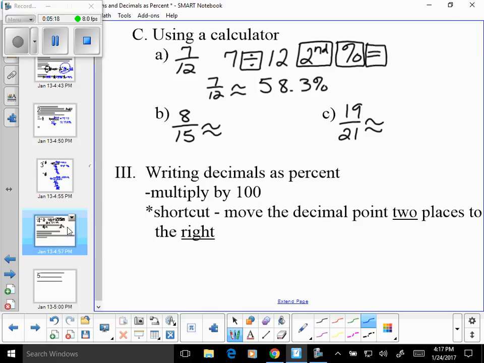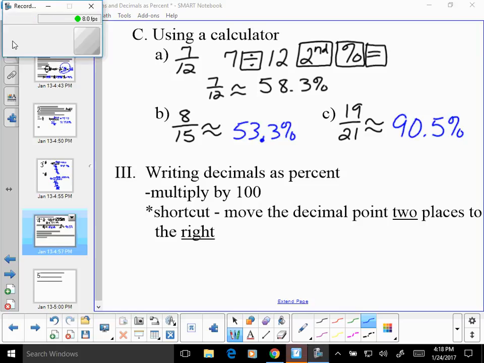Then you have to find your second function key, which should be along your left-hand side of your calculator, and hit that. Then you look for your percent key, and then the equals key, and you should have 58.3%. Hit pause at this point, and you do B and C. Okay, class, how did you do on B and C? Did you get them right?